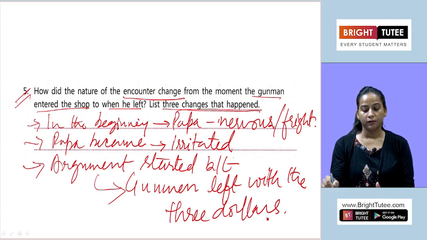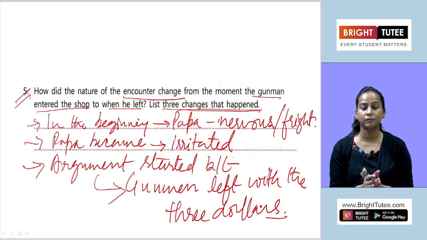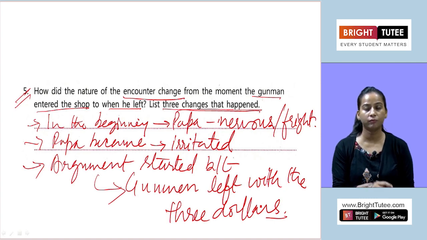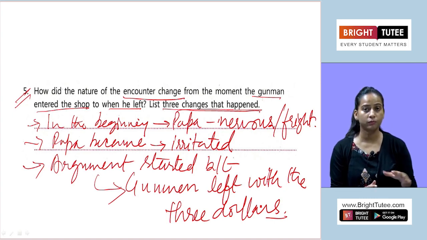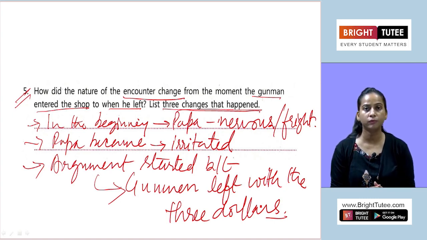So here these changes we have to mention, and this will be possible for you to write down only if you have paid attention while you were reading the story. So with focus and concentration you have to read the story, and then it will be easy to give the answer to these sort of questions.